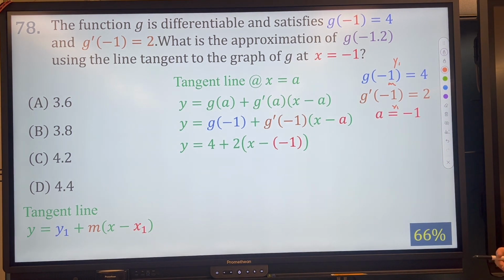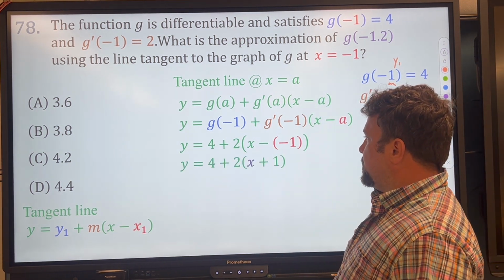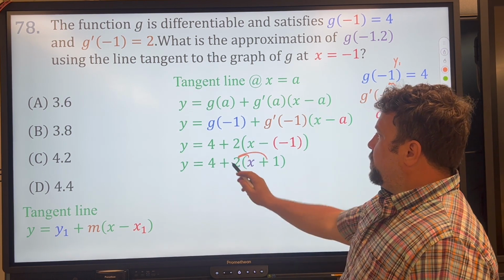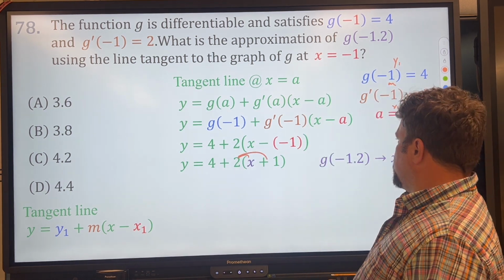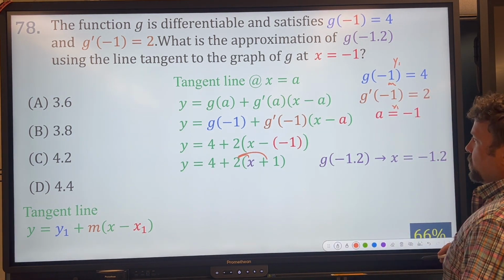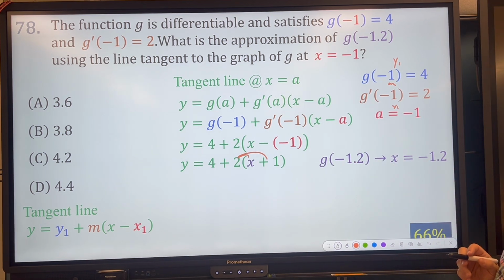y equals 4 plus 2 times x minus (-1). That becomes plus 1. 4 plus 2 times (x plus 1). 4 plus 2x plus 2. Or what you could do here is, we could just type in g of -1.2. That's what we're trying to find.